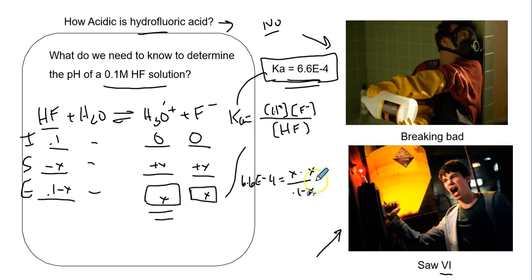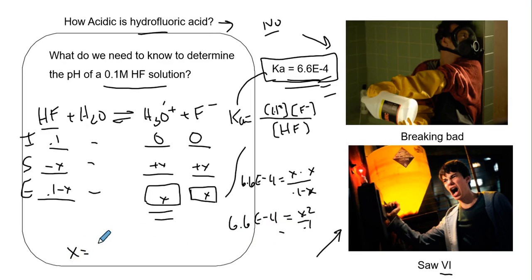Now, it's not that difficult to solve this out, but because of such a small value here, we're going to use our shortcut rule. 6.6 e to the negative fourth equals X squared over 0.1. Multiply by 0.1 and square root, and this will give you my X concentration. This might seem complicated at first, but you'll find that it never varies.